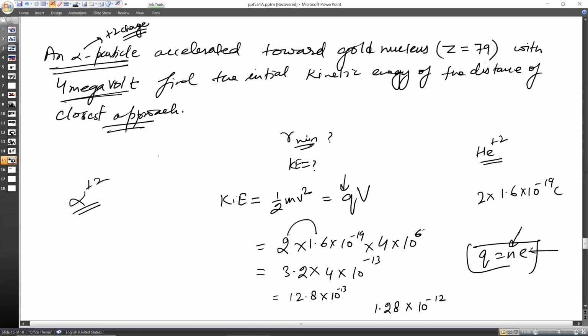If the alpha particle is bombarded towards the nucleus, there is a limit up to which it can go and rebound back. It cannot penetrate this positively charged nucleus. So that is called the minimum, or we can say the closest approach, that is, how close an alpha particle can reach to the nucleus. Okay, got it?